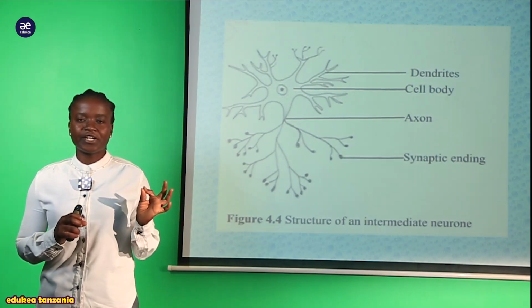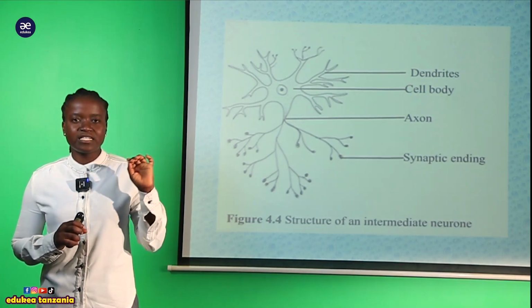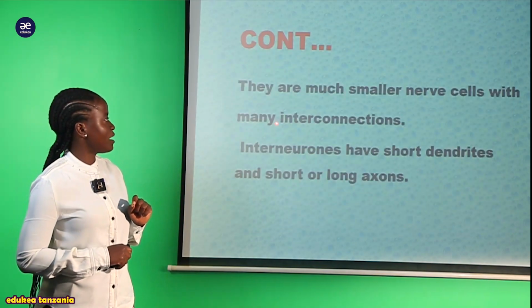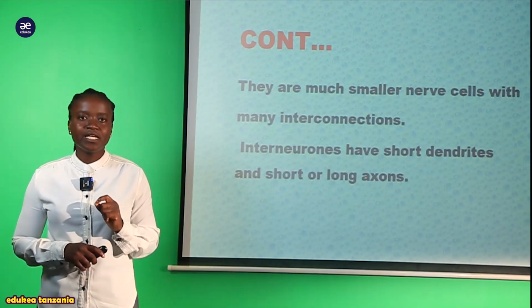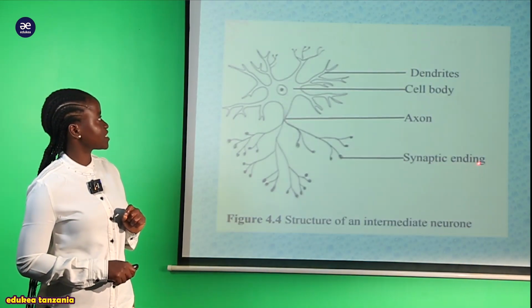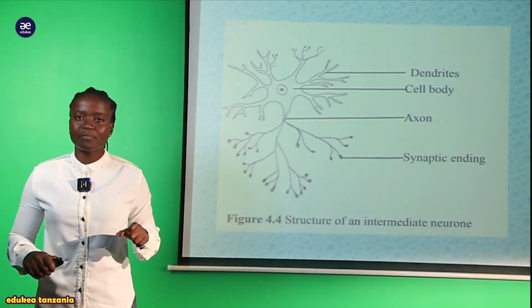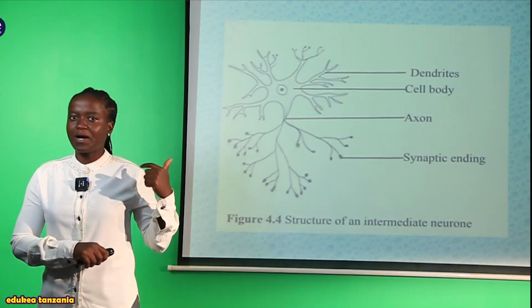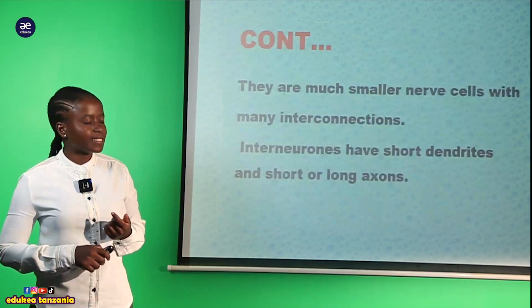These interneurons or relay neurons are very small, but they also have many connections. As you can see here, they have various synaptic ends, which are involved in connecting. The synaptic end is where there is a connection to another neuron, and that is why we say they have many connections.